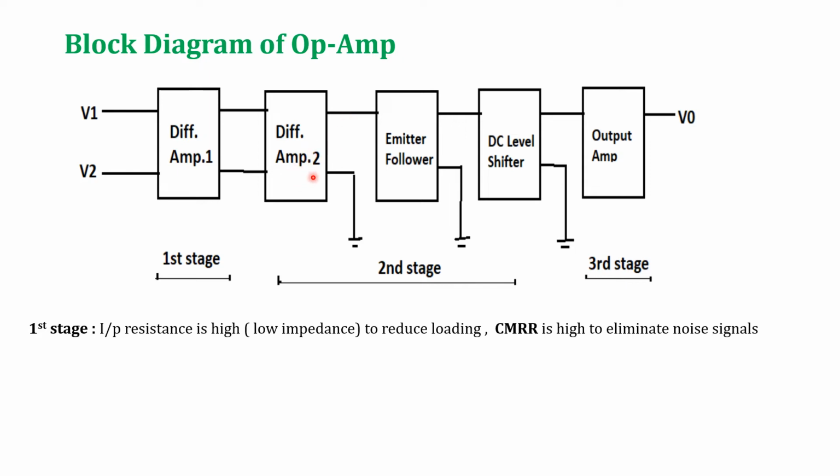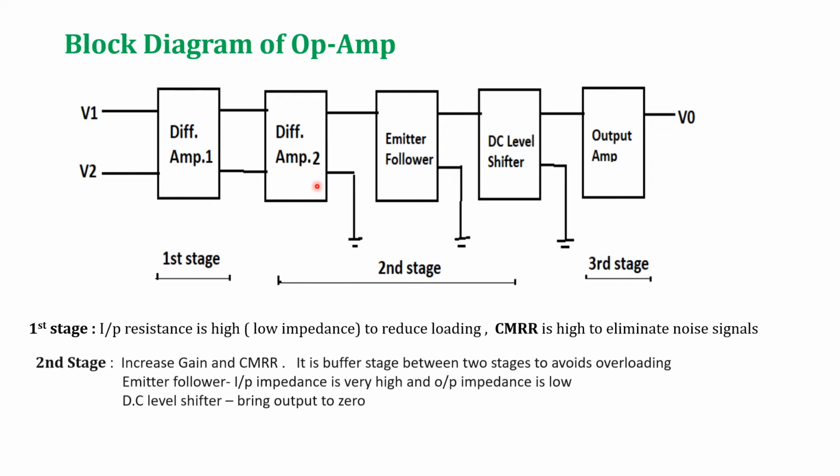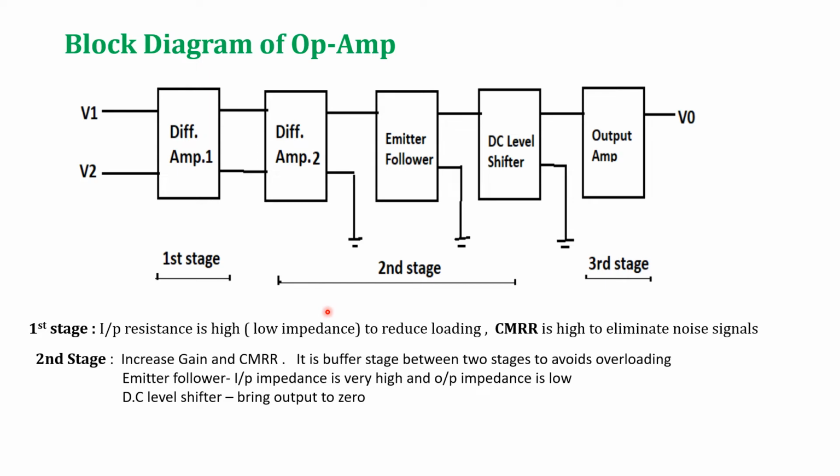Such a differential amplifier has high gain and also it has high common mode rejection ratio. So, differential amplifier 2 amplifies the difference between the two signals.